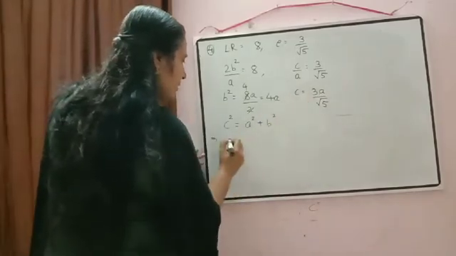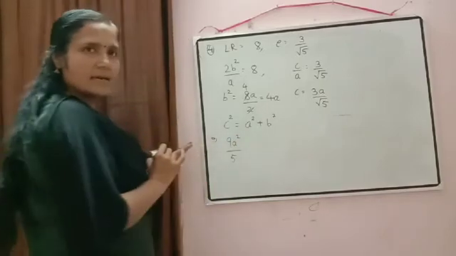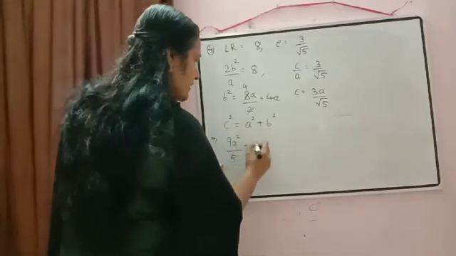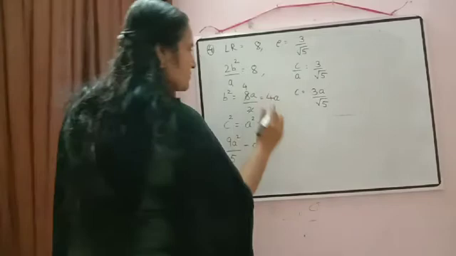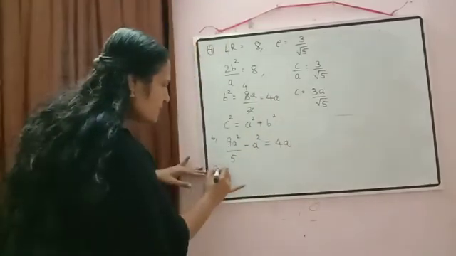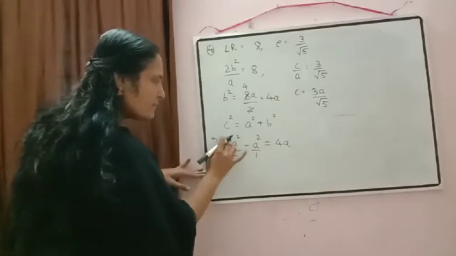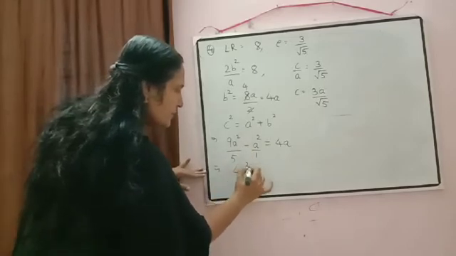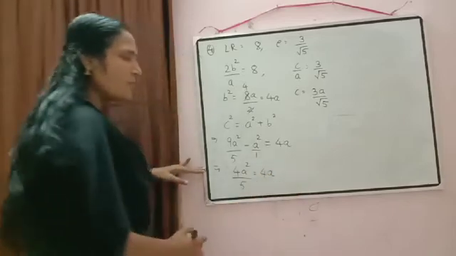So it will be equal to 9a square by 5. Correct? 9a square by 5. This a square I am shifting here. So it will be equal to minus a square is equal to b square is equal to how much? 4a. Now just to do the cross multiplication here, then we will get 9a square minus 5a square. So 9 minus 5 will be equal to 4a square by 5 is equal to 4a.